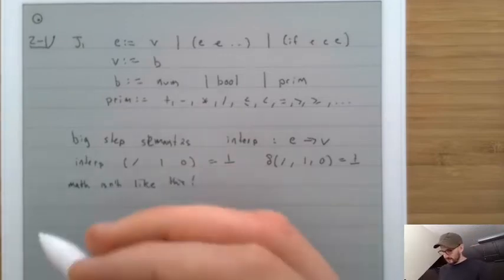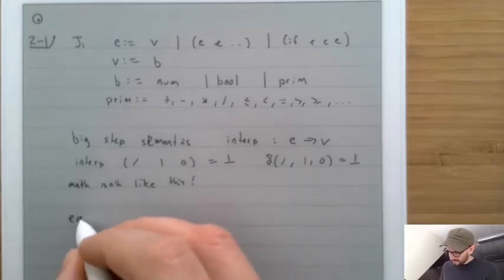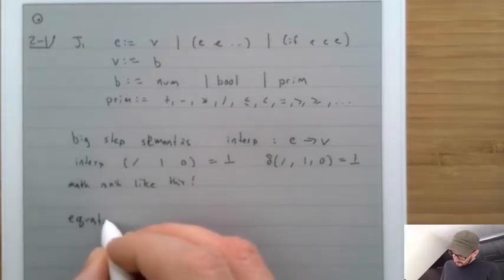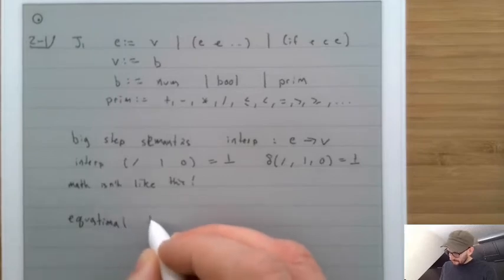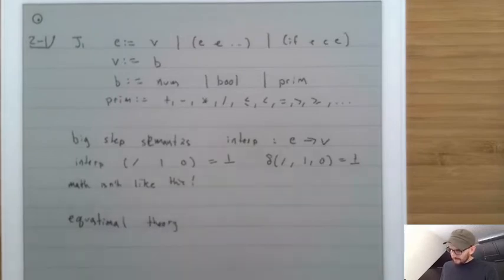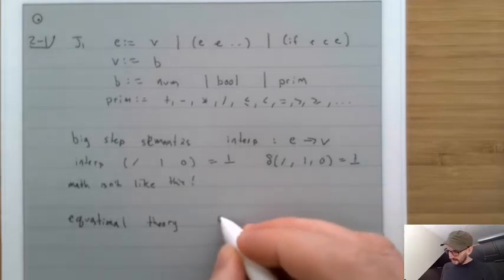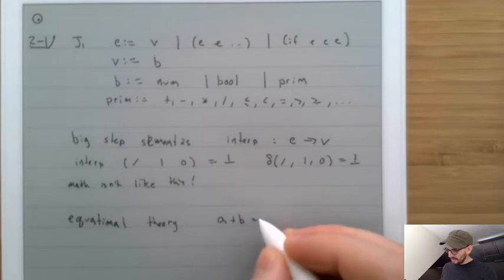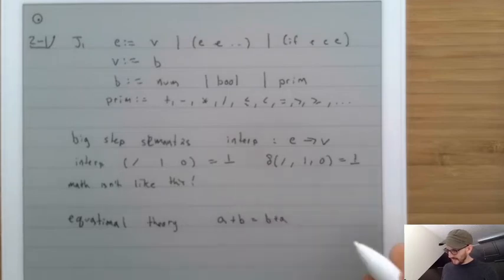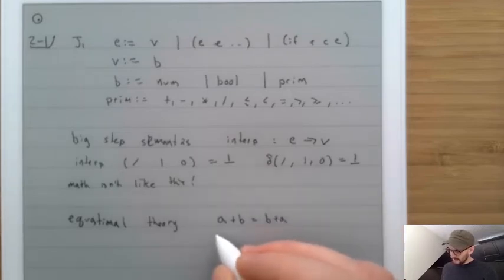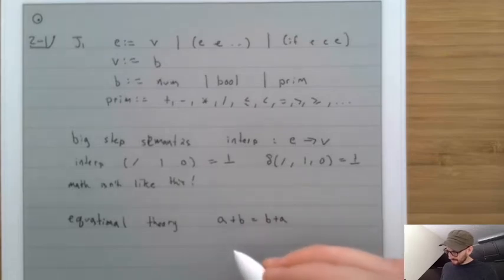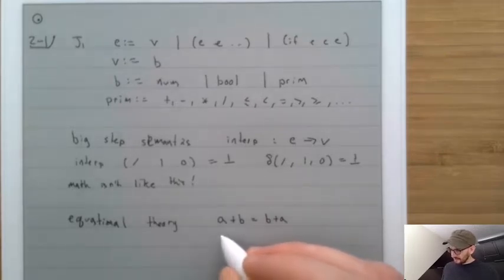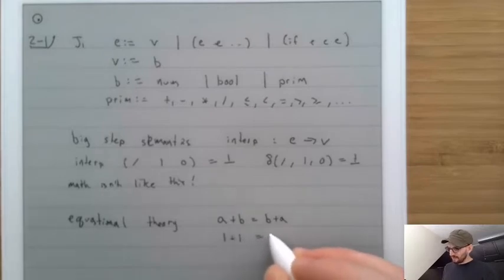Instead, math has what's called an equational theory. For example, the equational theory for arithmetic says things like that a plus b is equal to b plus a, that 1 plus 1 is equal to 2.